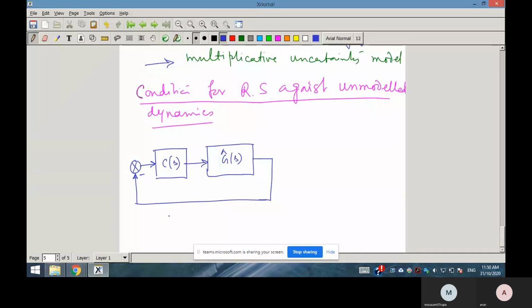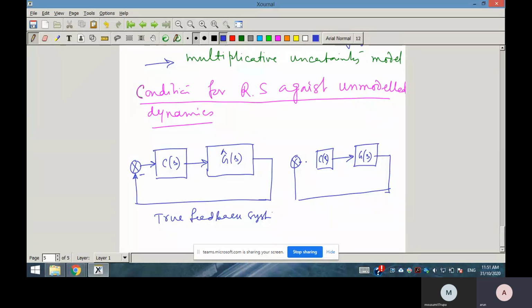So this is your true feedback system. And this is your approximated feedback system, G of S, this is your C of S. This is the approximated feedback system.